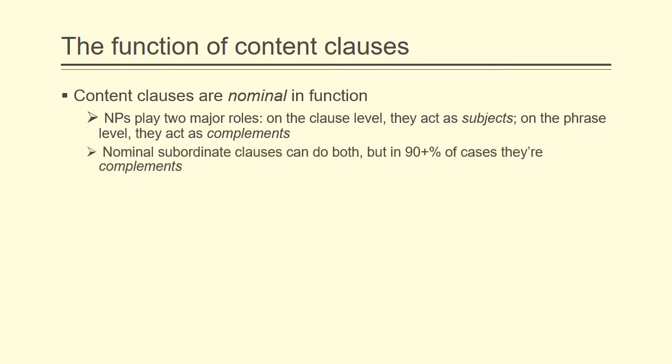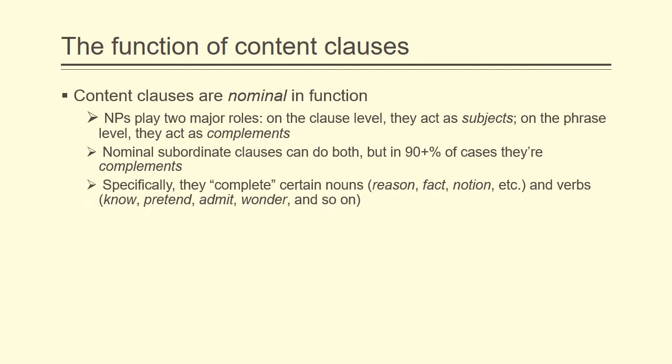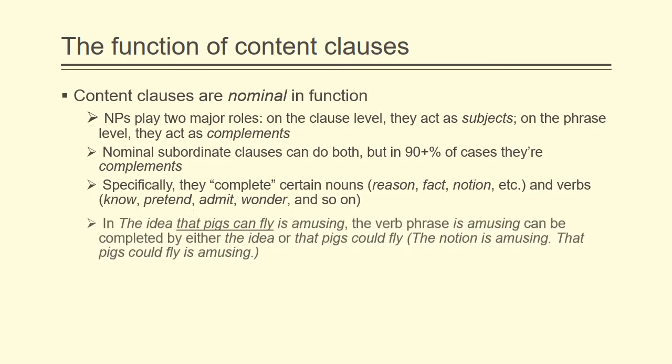So nominal subordinate clauses can do both, but in over 90% of cases, they're going to be complements. Specifically, they complete certain nouns, such as reason, fact, notion, etc., and verbs. Very commonly verbs like know, pretend, admit, wonder, and there's a lot more of these.